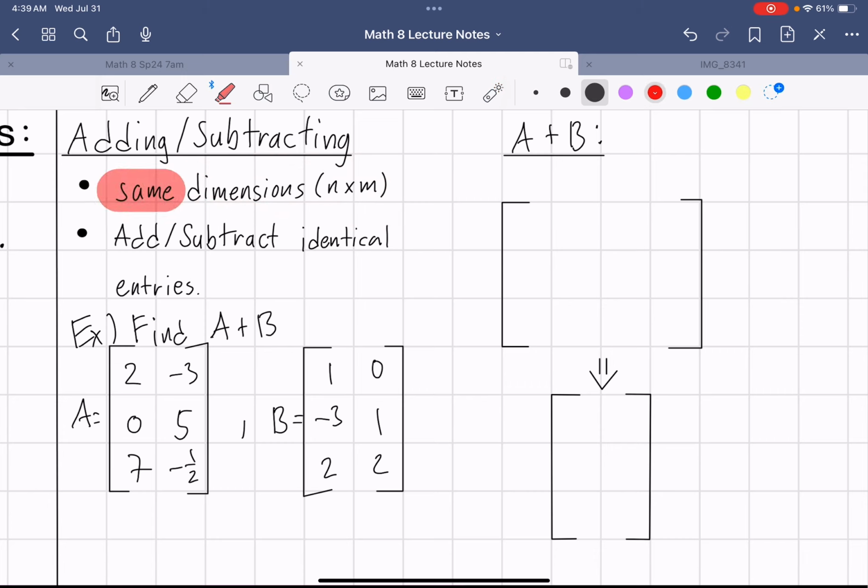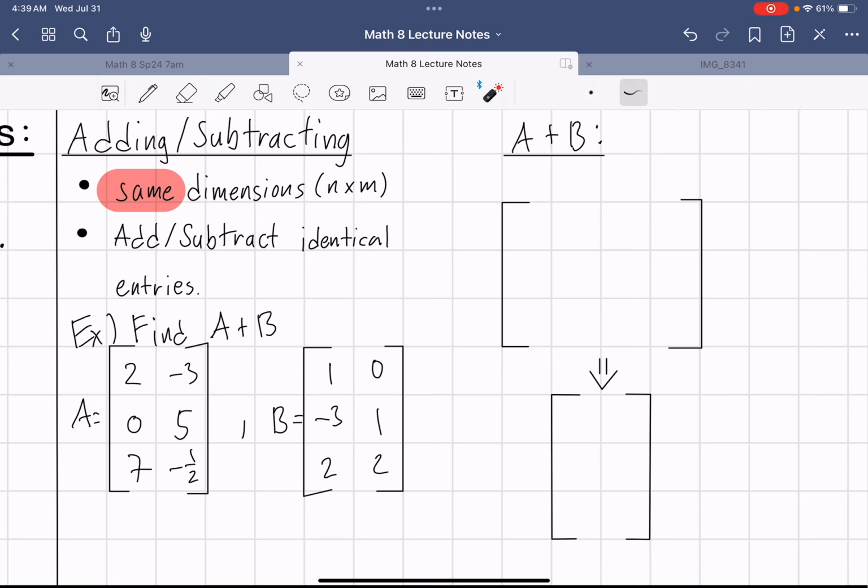So if there are 2 rows in the first matrix, there have to be 2 rows in the second. If there are 3 columns, the second one needs 3 columns. They need to have the same number of rows and columns. Because the way you add or subtract matrices, you add or subtract the identical entries.